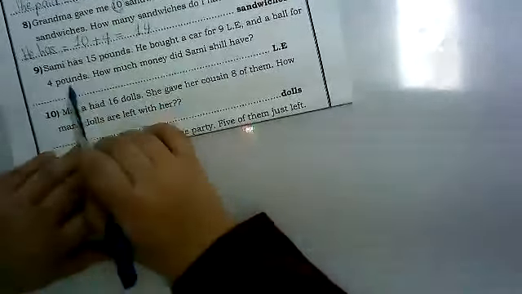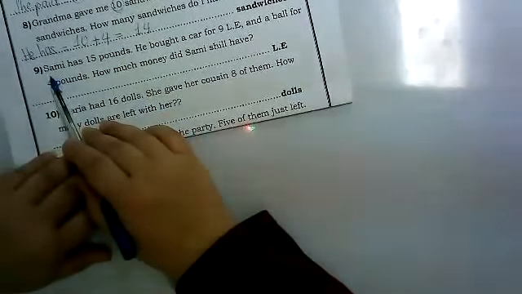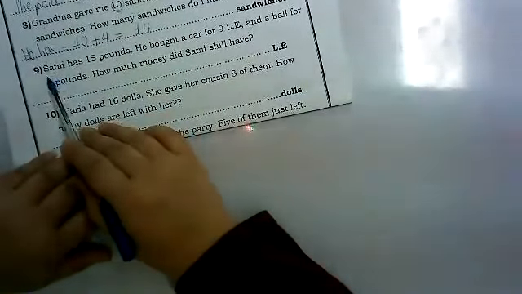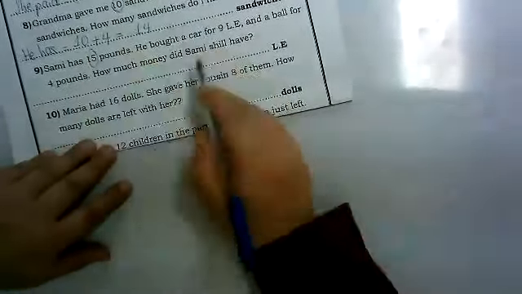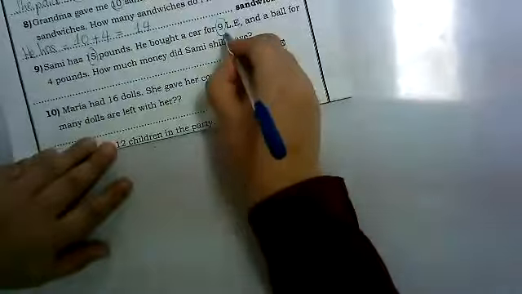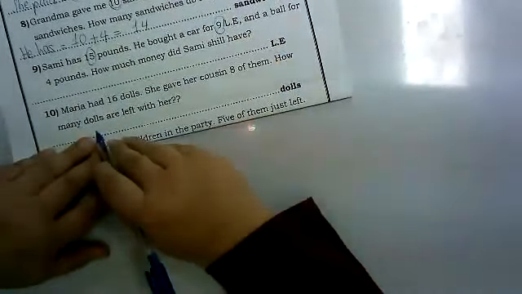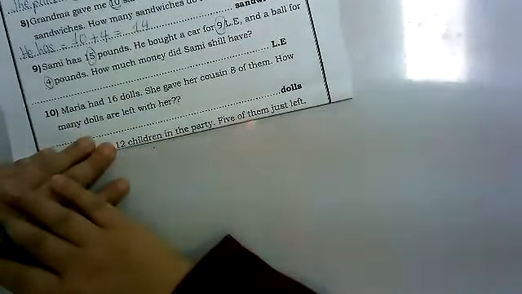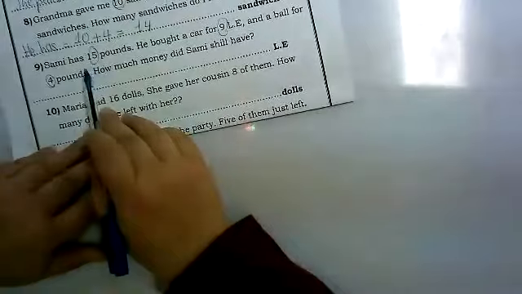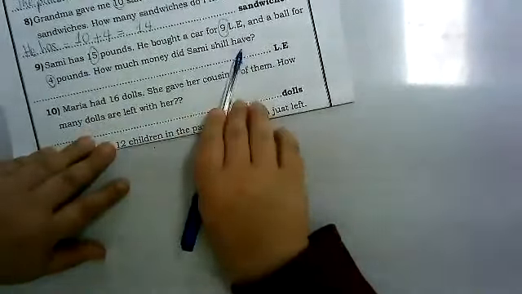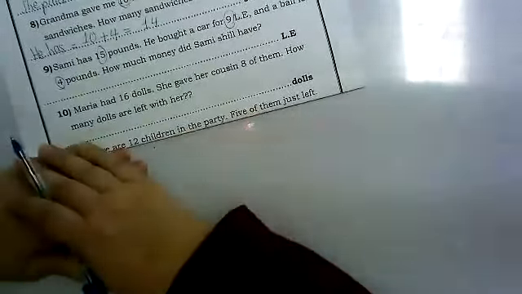Again, number 9. Sammy has 15 pounds. He bought a car for 9 pounds and a ball for 4 pounds. Okay, how much money did Sammy have?